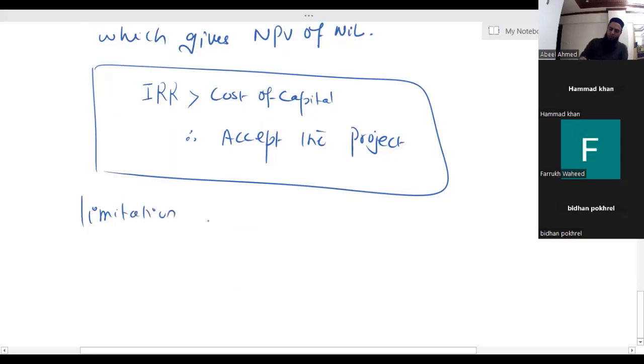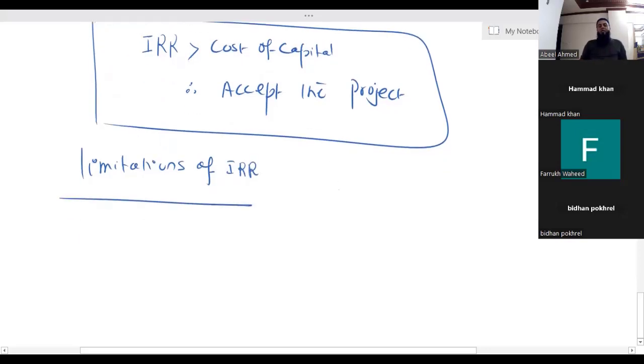Now, you should know some of the limitations of IRR. Actually, there are two types of cash flows: conventional cash flows and non-conventional cash flows. What do you mean by conventional cash flows?